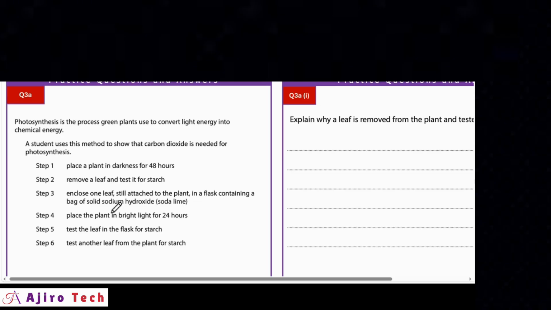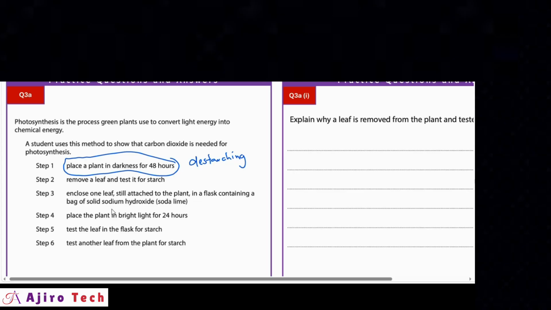So the starch produced has been used up for cellular activity. So meaning the plant has been destarched. That is the term that is used to represent this. What do you call it? Destarching. So that is what step 1 is trying to achieve.